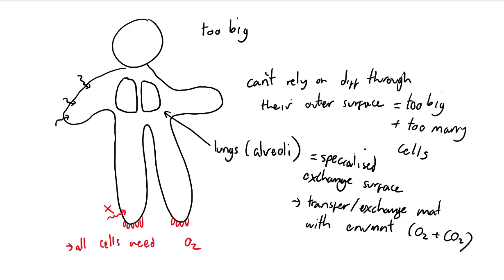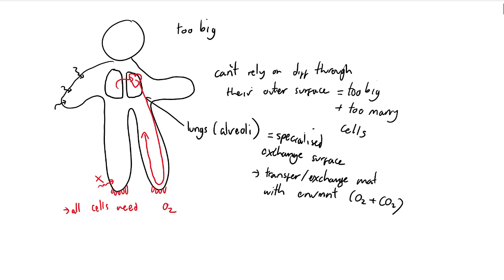So now what they need is they need a specialized transport system. So what has to happen is blood has to be sent from the lungs to the heart, and then the heart can pump it around the rest of the body. And that's how we get the nutrients all around. And that's where we need the specialized transport system.